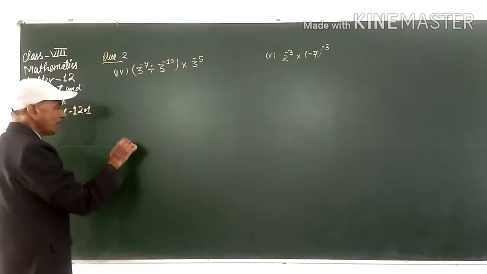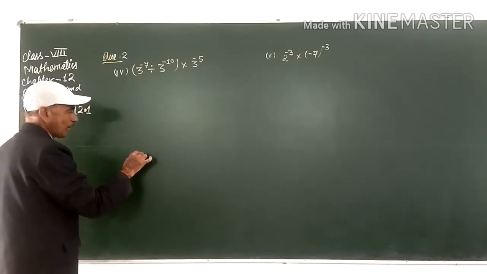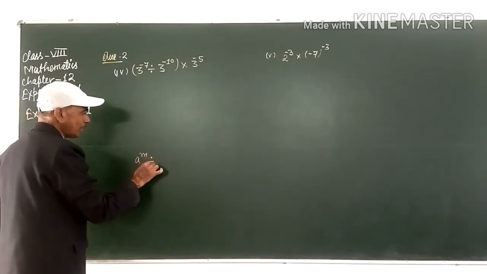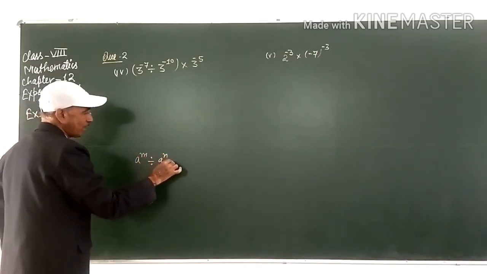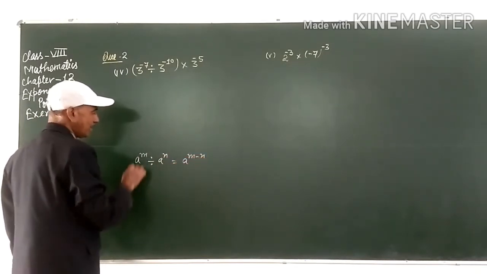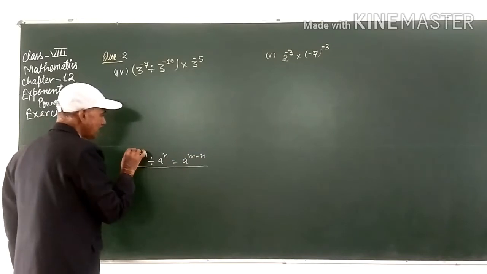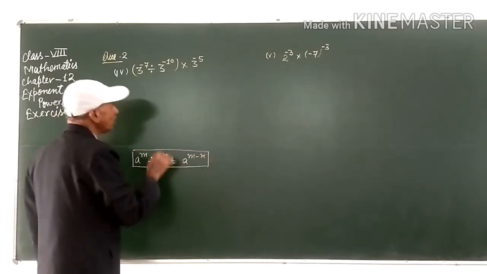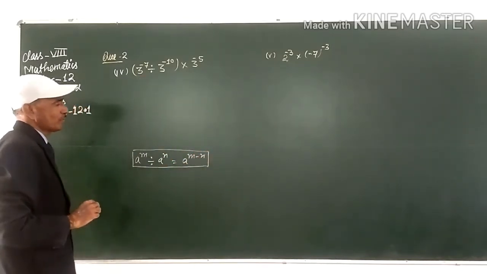So remember the rule, a to the power m divided by a to the power n is a to the power m minus n. This is the rule, students, and we will use this rule in solving this question first.